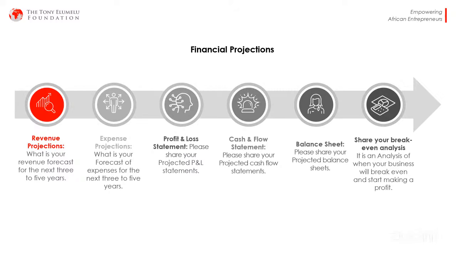For example, if you've been able to narrow down that you have about 1,000 serviceable obtainable market that you will be able to target in your first year, and this will grow 10% over the next 10 years, what that means is year one, you have 1,000, year two, you have 1,100, and then you just continue like that. So with the way the template is structured, all you need to do is to put in your year one.